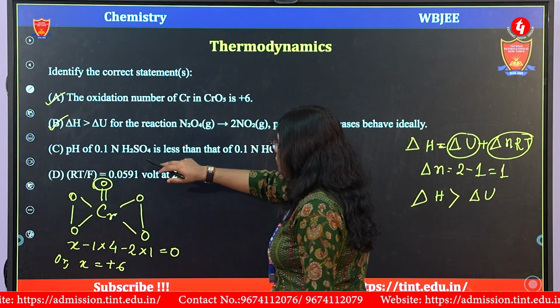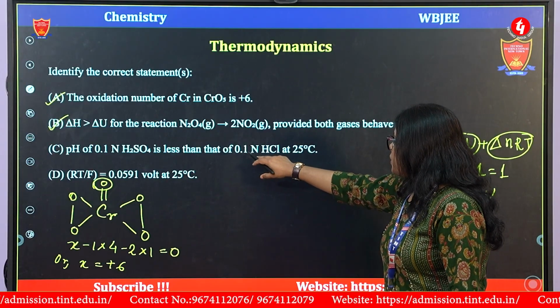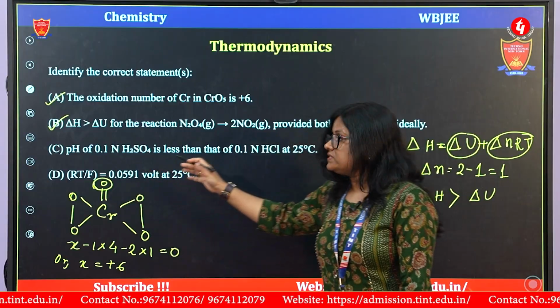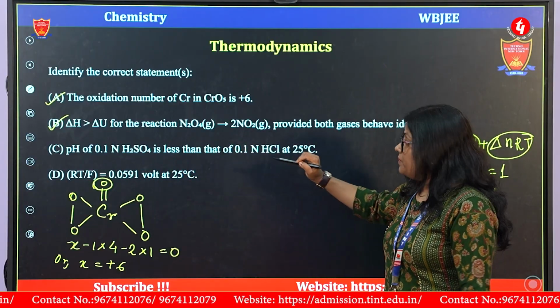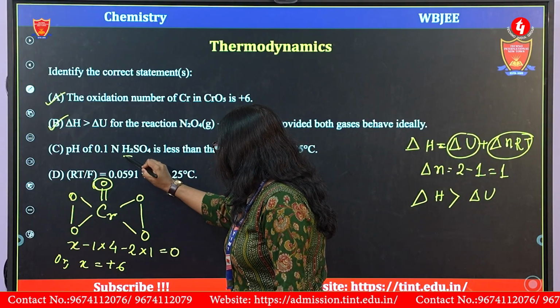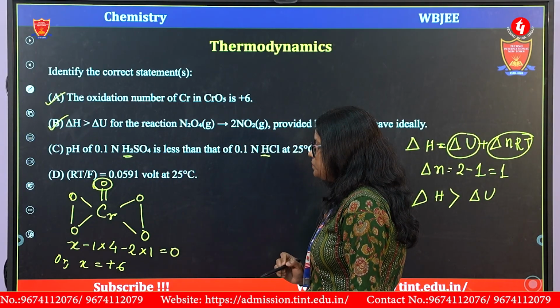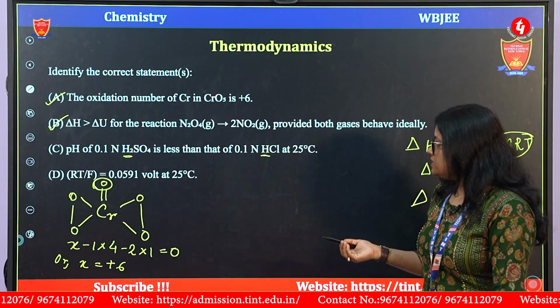pH of 0.1 normal H2SO4 and pH of 0.1 normal HCl. Both are strong acids and both have the same concentration. But here you can see 2 H plus present in H2SO4 and here 1 H plus. As the number of H plus increases, pH decreases.